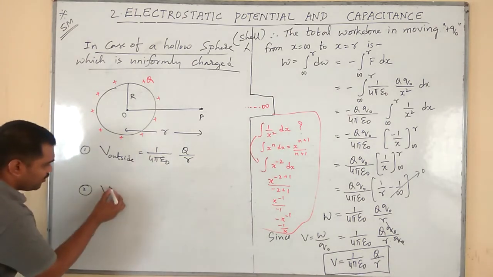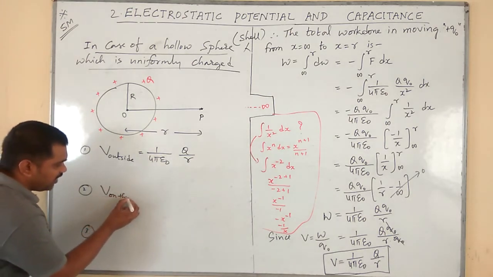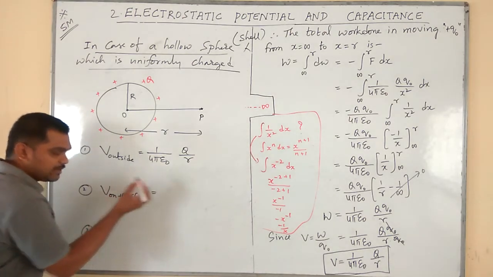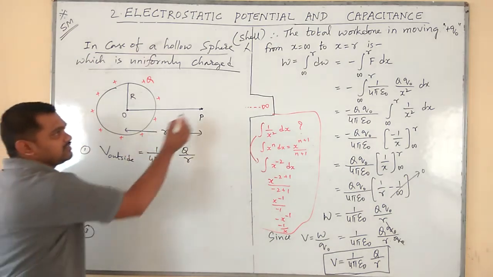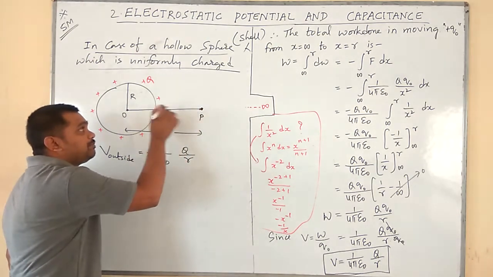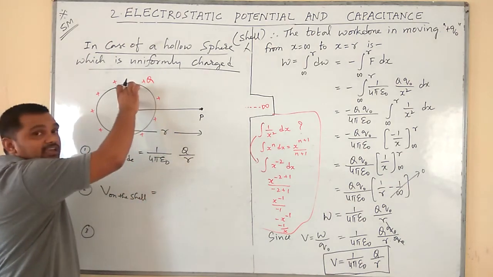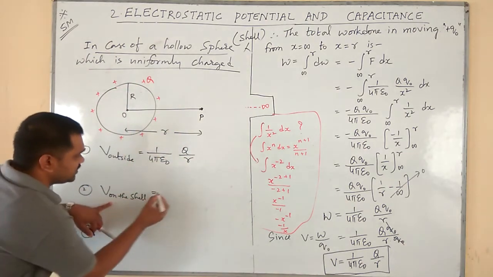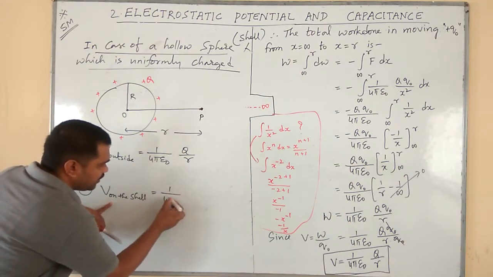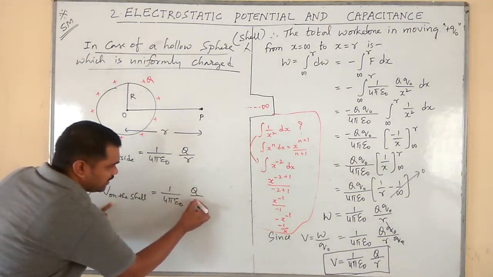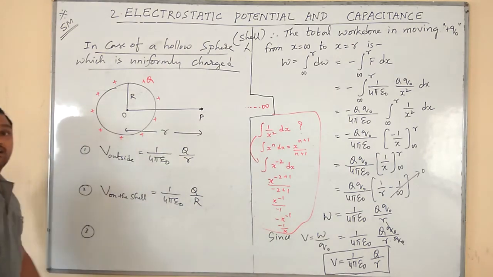Next, what is V on the shell? Electric potential on the shell. Suppose this point P lies here, meaning this r will reduce to capital R. Therefore, V on the shell is 1 divided by 4 pi epsilon naught capital Q by capital R.